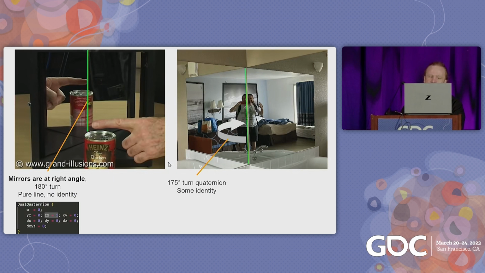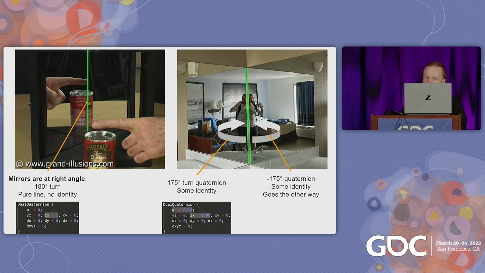But this one, it's not quite a 180, it's a 175-degree turn, let's say. So it's got some amount of identity if you represent it as a dual quaternion. There's also this one, this guy here. This is another reflection of me, and it's a minus 175-degree quaternion.